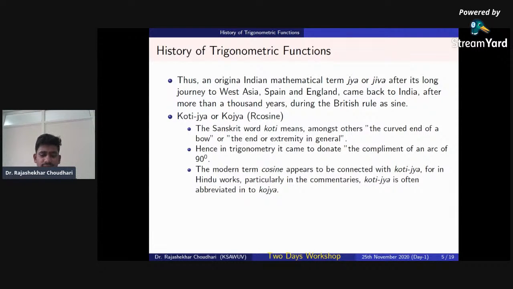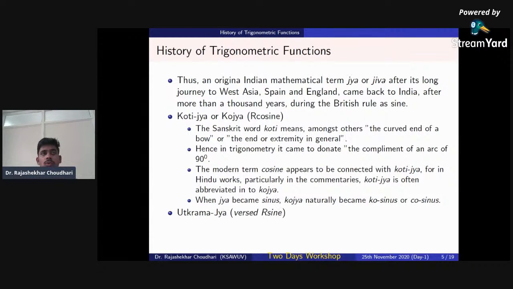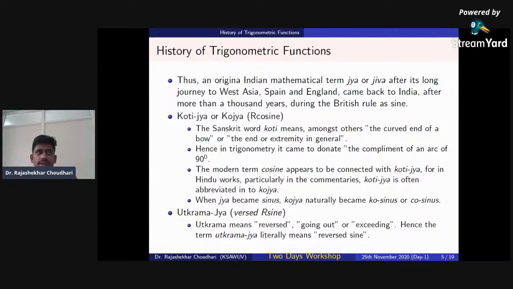And the other trigonometric function defined was utkarma ja, which in modern terms is known as versed sine. So utkarma ja is also known as versed sine, which is equivalent to 1 minus cos theta. Now utkarma in Sanskrit means reversed or going out, or it is also sometimes expressed as an exceeding term.